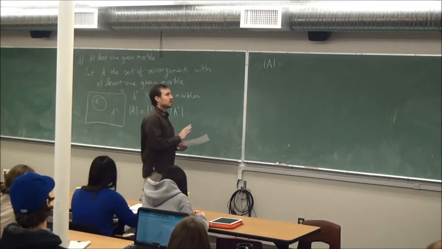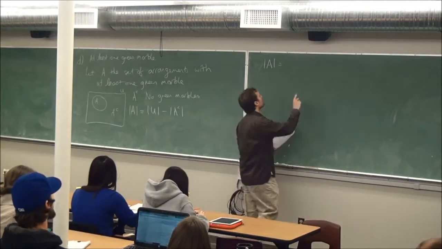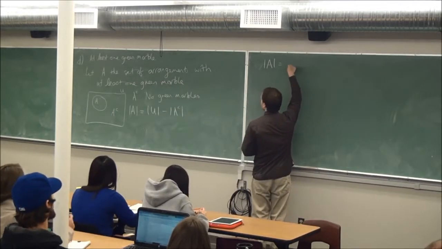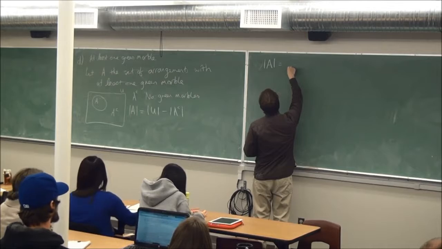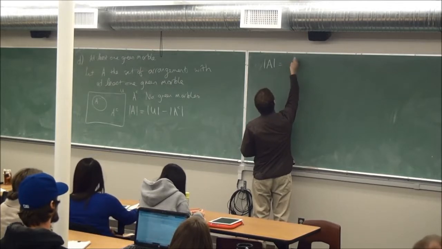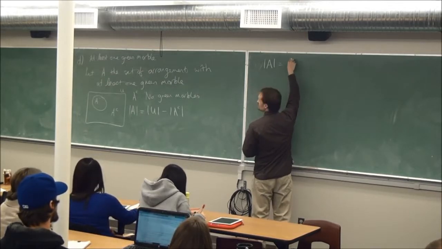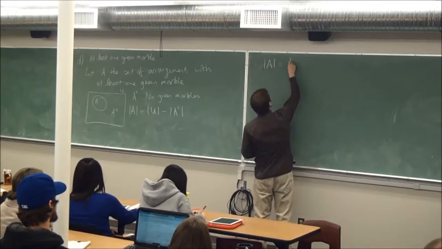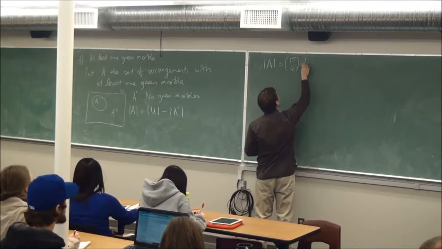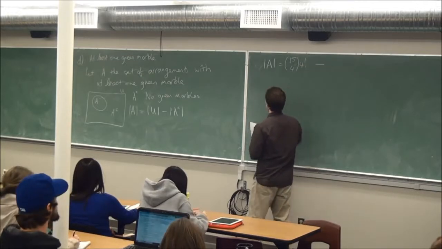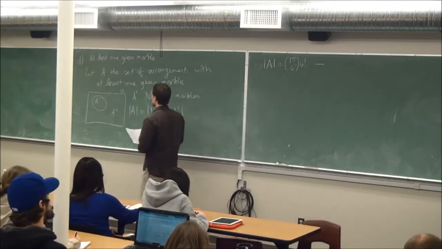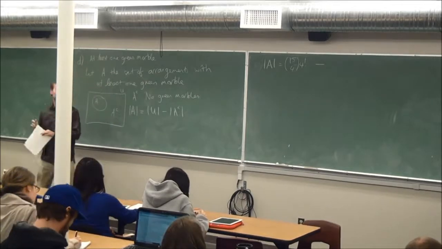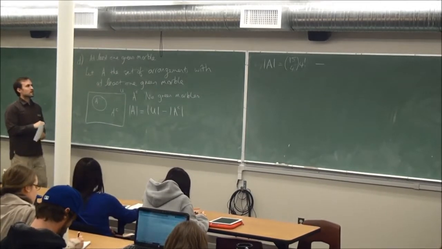It's a good idea to separate the selection from the arranging. How many ways can I select 4 marbles? What was this number? 15. And I need to select 4, and then I arrange them. Different ways to write that, but I think getting used to the selection, then arrange steps, it's a good idea.